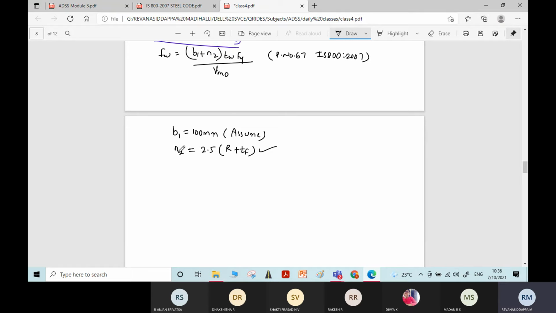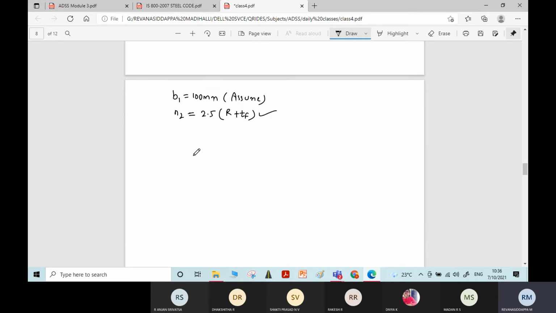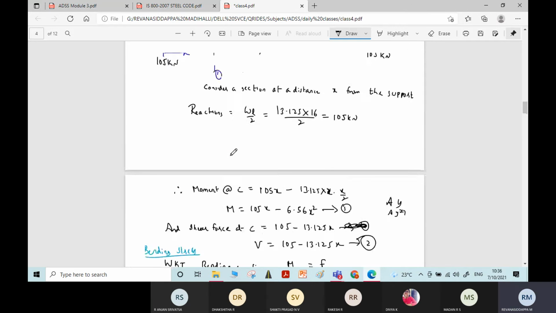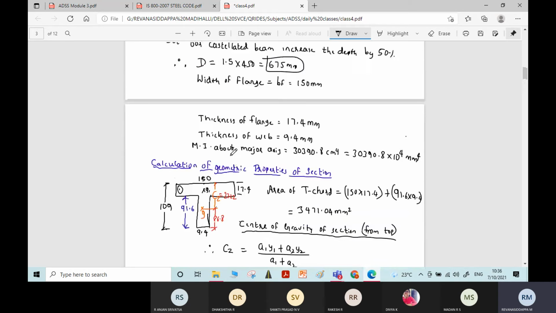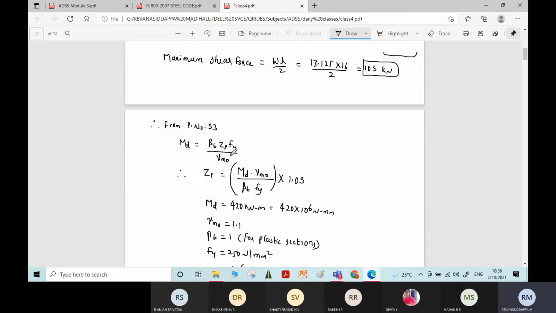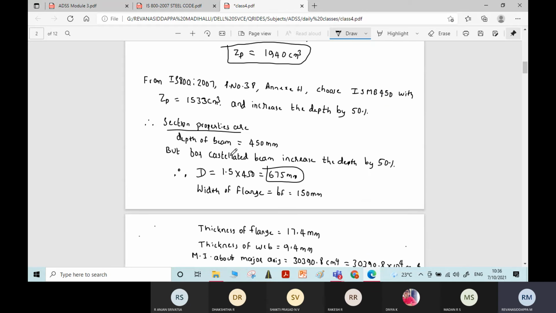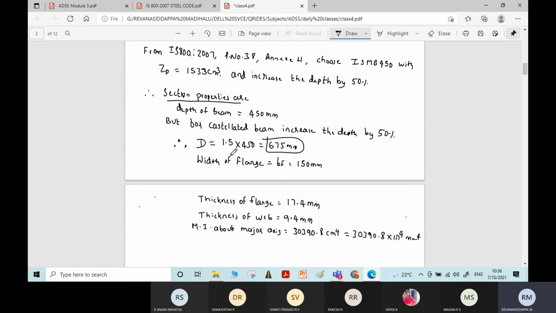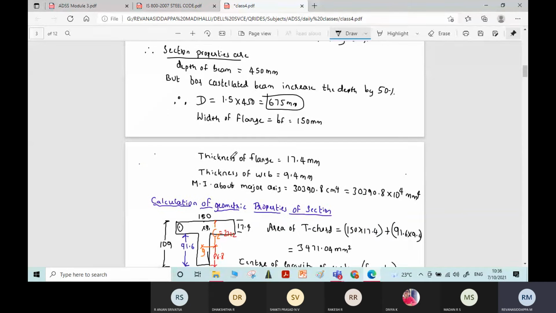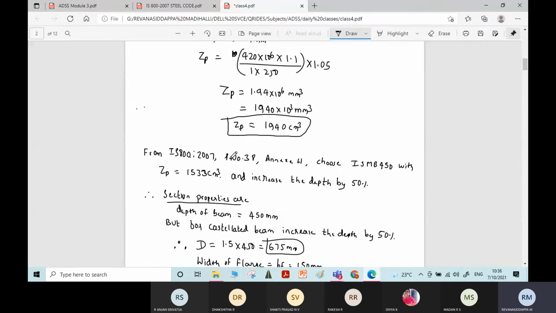You can just refer to the previous problems. Follow the same procedure. Have you written the radius at root while writing the sectional properties? Let me see. I think we have not written it.